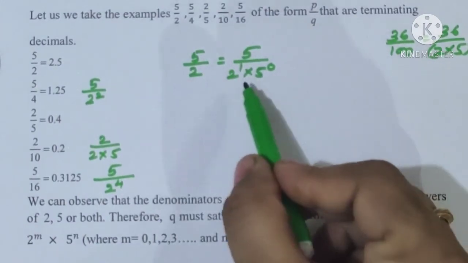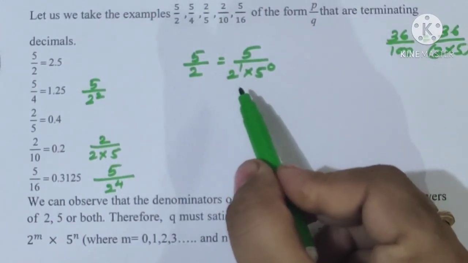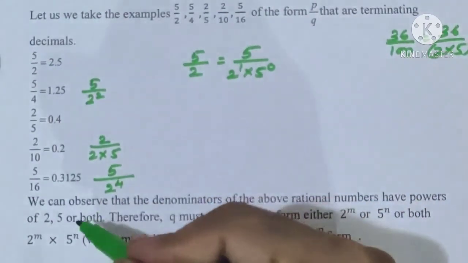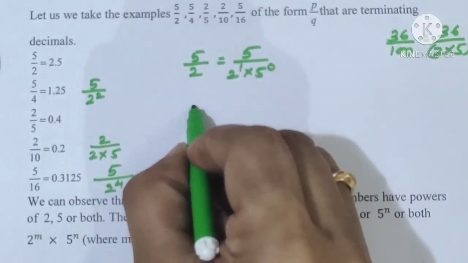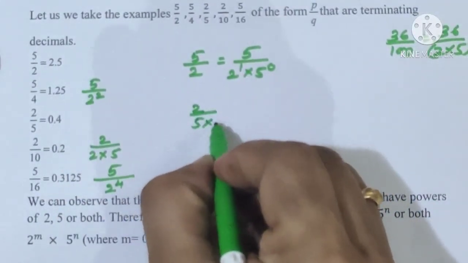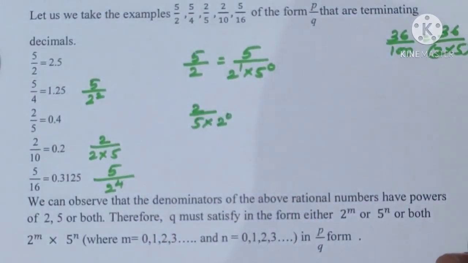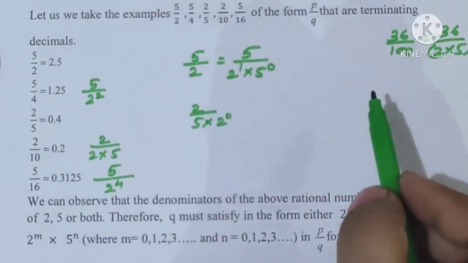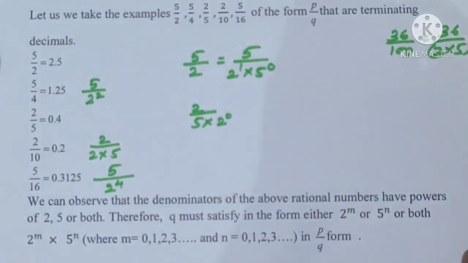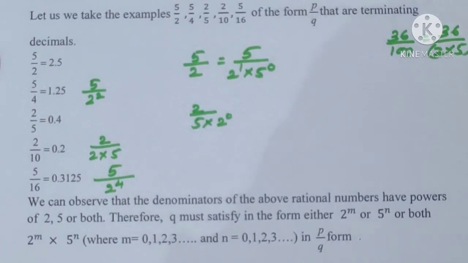So the power can take whole numbers only. In a similar way, when we have a single 5, that is 2 by 5, we can write 2 over 2 raised to 0 into 5 also, there is no change in the result. So if a single 2 or single 5 is present with any power, we can make it into both 2 and 5 by taking the power as 0.